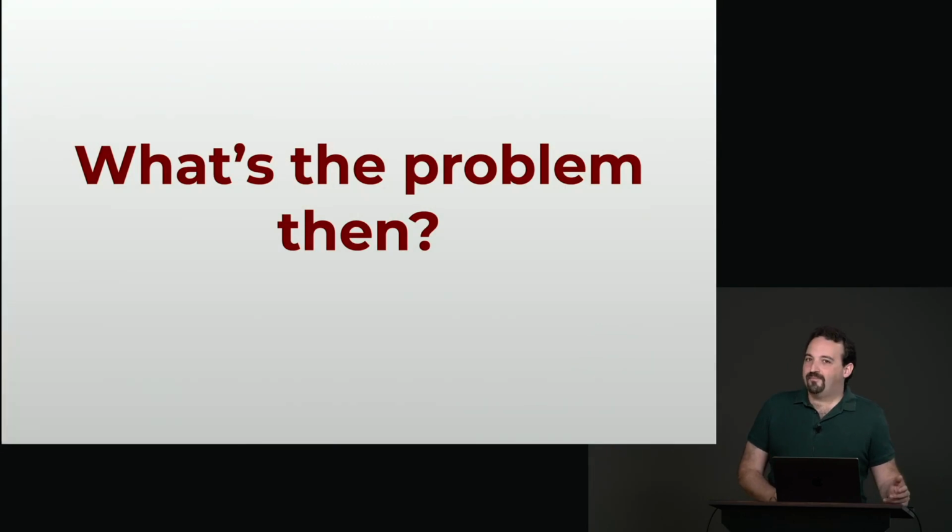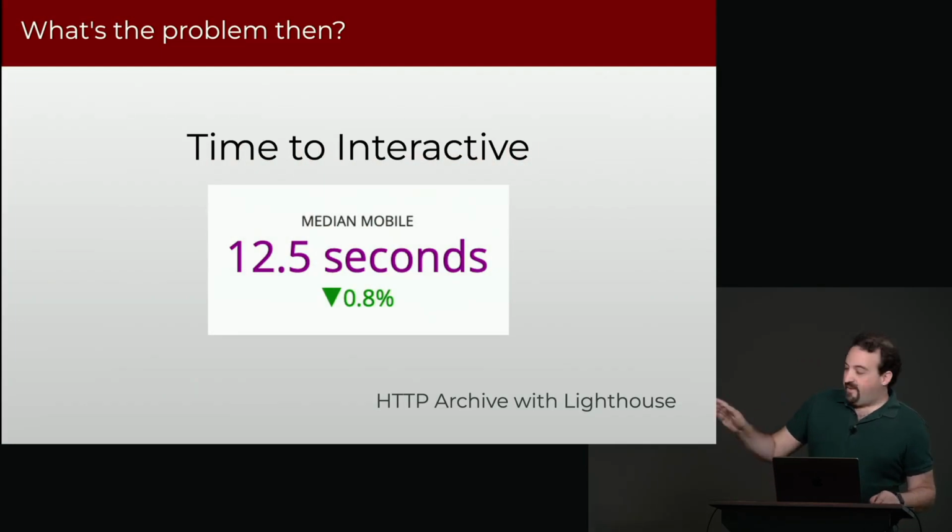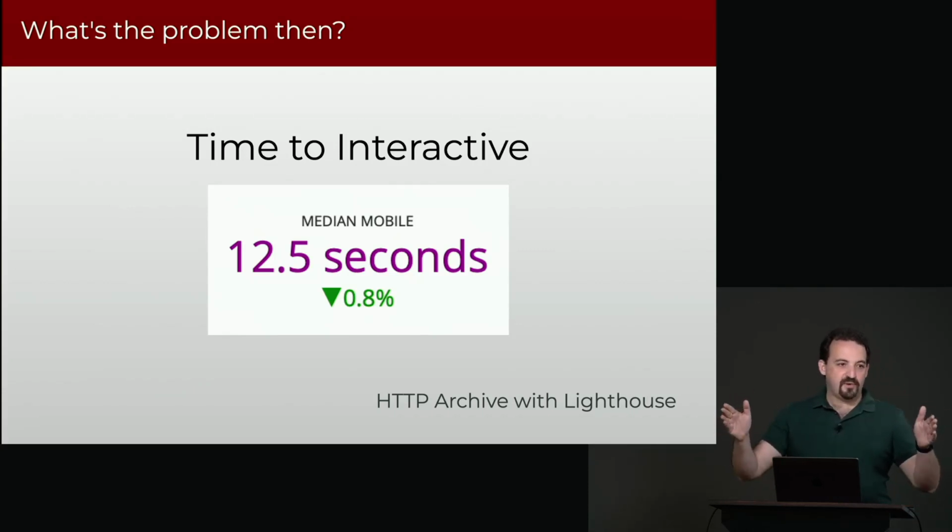What's the problem? Why are we still talking about web performance? This data is actually really updated. It's from yesterday. Today, the median on mobile devices for time to interactive, a metric that measures at which point in the loading process the website actually works.